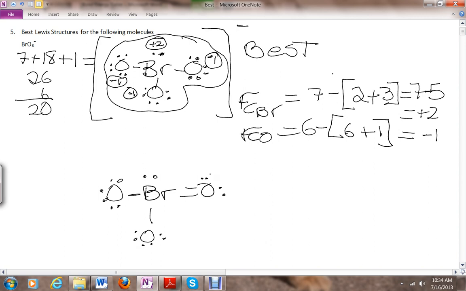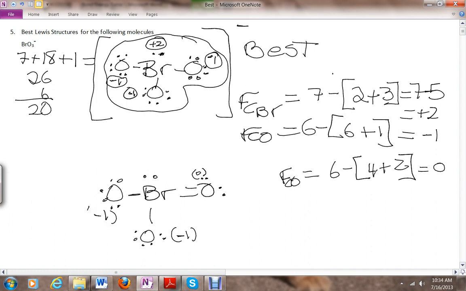So we got here 1, 2, 3, 4, 5, 6. For this oxygen, the formal charge would be 0: 6 minus 4 unshared plus 2 is going to be 0. I know it already, and you should know it here. So this is the same as we had before, minus 1, minus 1.